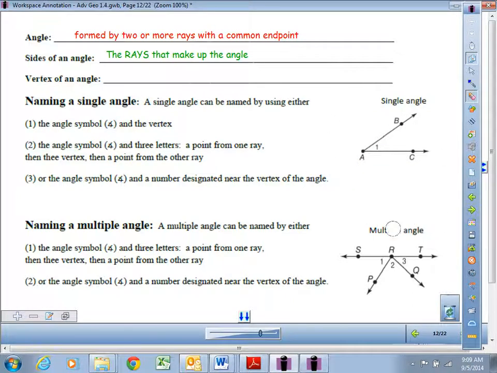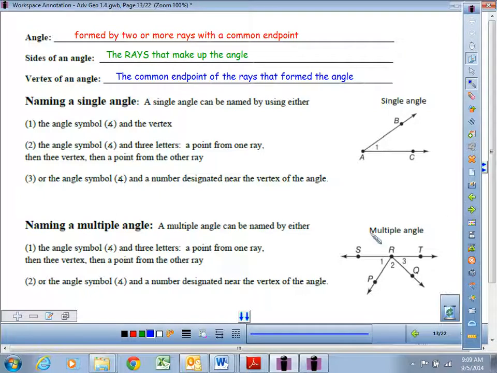The sides of an angle are the rays that make up the angle, and the vertex of an angle is that common endpoint of the rays that formed it. So if we look at this, the vertex would be point A. Now remember, we don't have to write out point A, we can just call it A. For the sides, we go from A to B, that's a side over here.